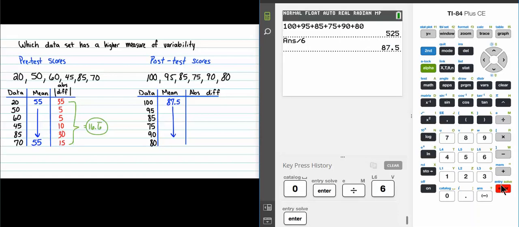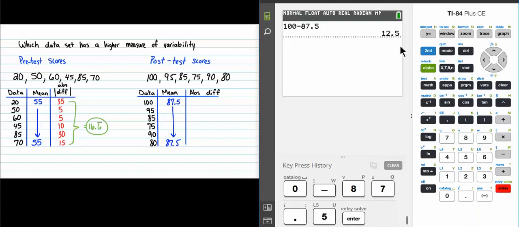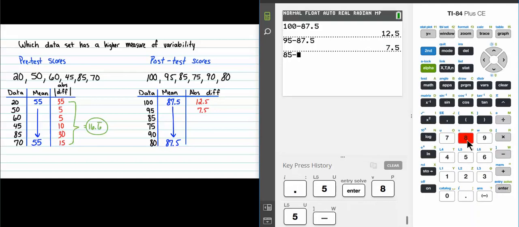And now we'll go and find our absolute difference. So we're going to subtract. Remember, everything is positive. So what's 100 minus 87.5? So we get 12.5. All right, next is 95 minus 87.5. So I'll use 7.5. All right, then we have 85 minus 87.5.